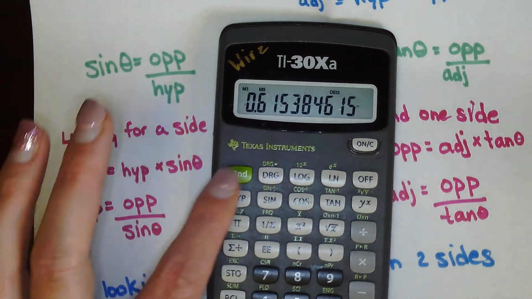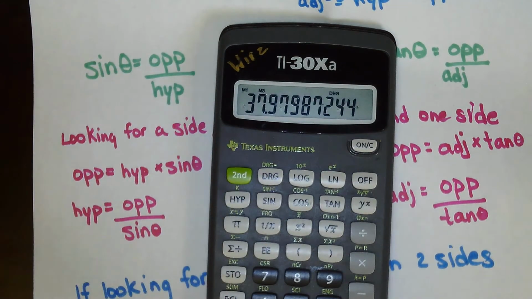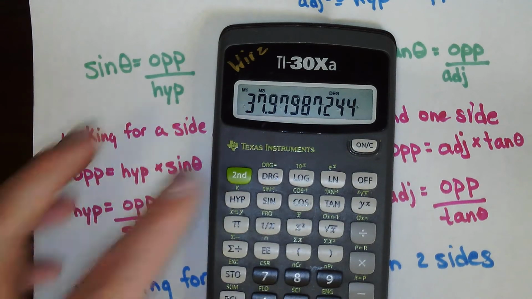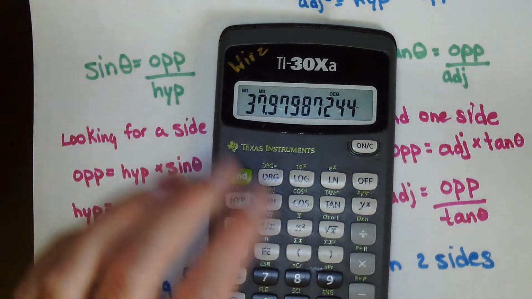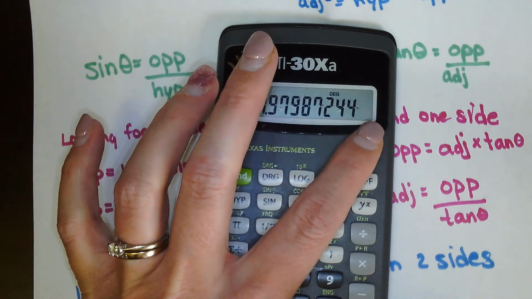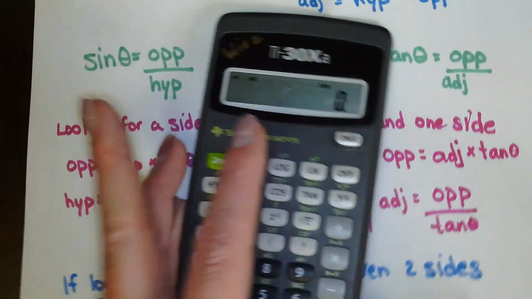And then I'm going to go second function sine. And I get 37.97. So about 38 degrees would be the angle for that right triangle. Some calculators, you might actually have to go second, sine, and then do the division. It just depends on the type of calculator you have.